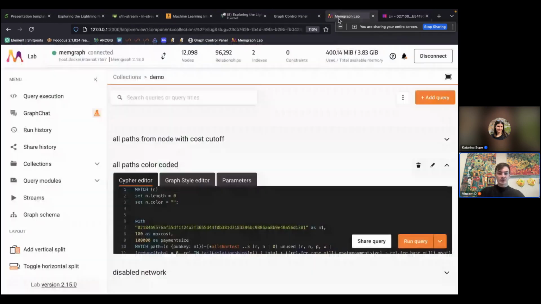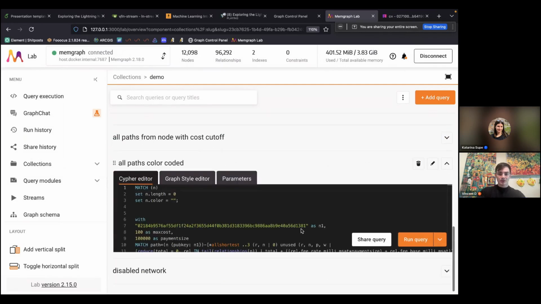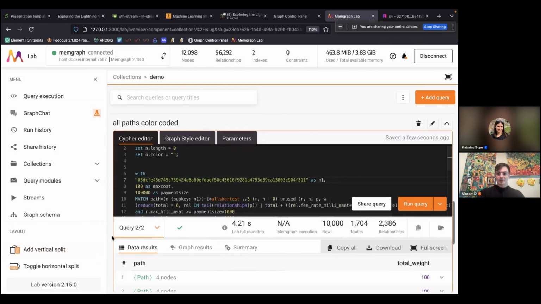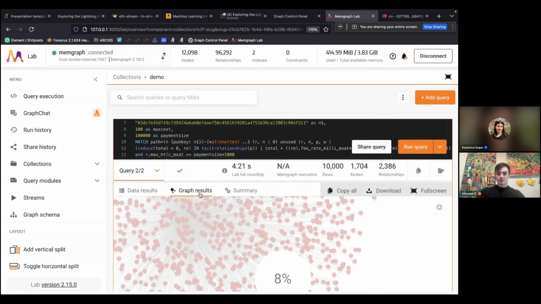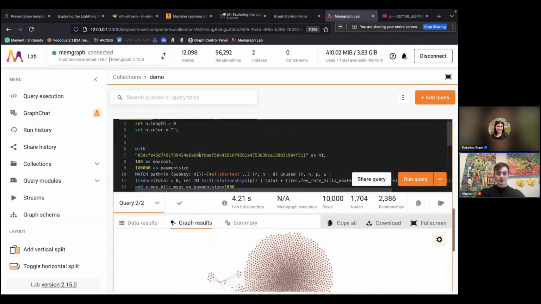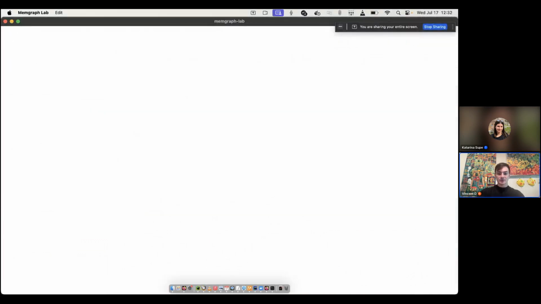Let me change the pub key just for a second. And if all goes well, we should have, yeah, okay. I think this one, the style doesn't work, so give me just a second to use Memgraph Lab from my desktop.